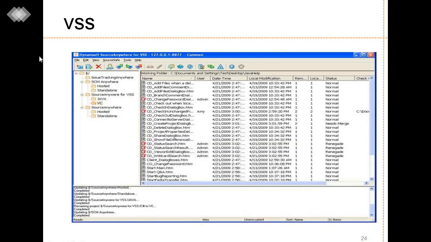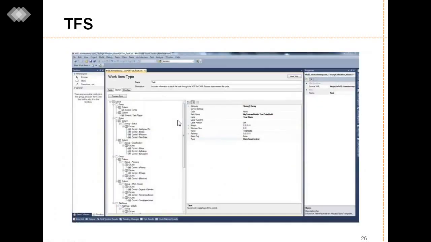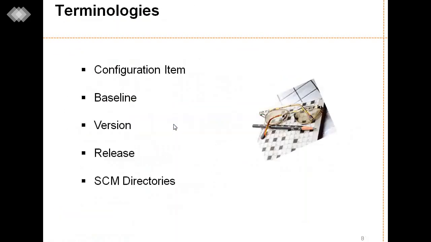So here is the tool which is used in our software configuration management, which is VSS. Now next tool is CVS. How it looks like, how we work with the help of our software configuration management, and the TFS, how this tool looks like. And this is all about our software configuration management.